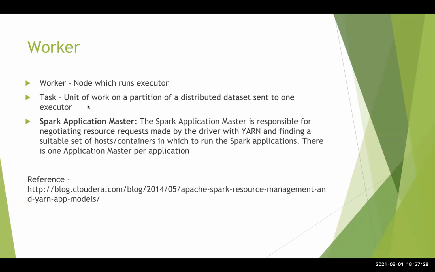So there will be 4 blocks of that size in HDFS. 256 multiplied by 4 is 1 GB. So that 1 GB file is split into 4 blocks, and you write a Spark program to process that file. So in reality, it will create 4 tasks for you.